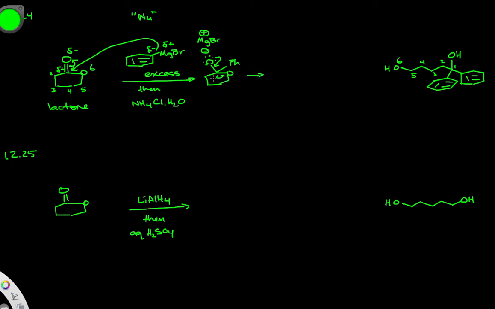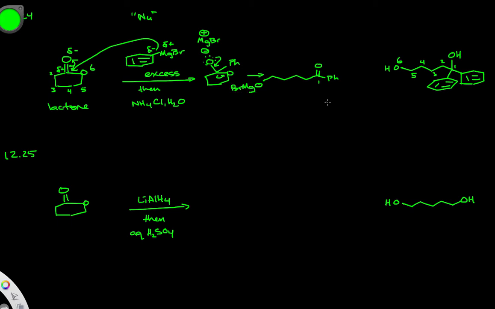So you'll notice in this step, this is how we open that ring up to get the acyclic structure. So this is carbon 1, then we have 2, 3, 4, 5, and the oxygen 6. 2, 3, 4, 5. And then our O, MgBr.